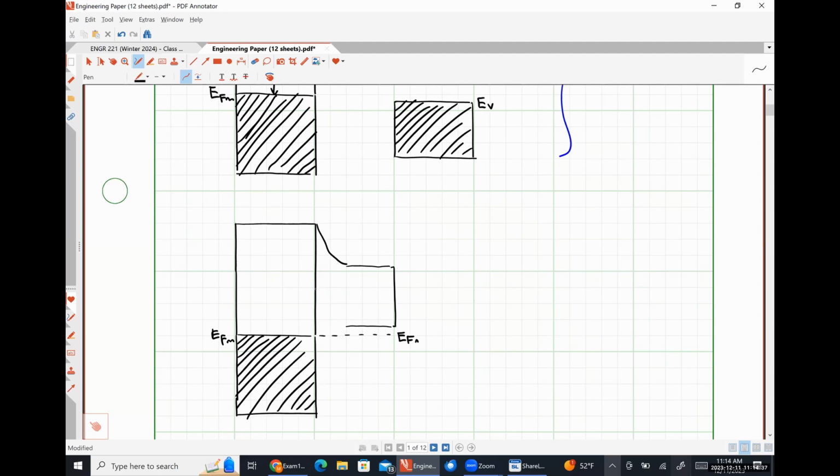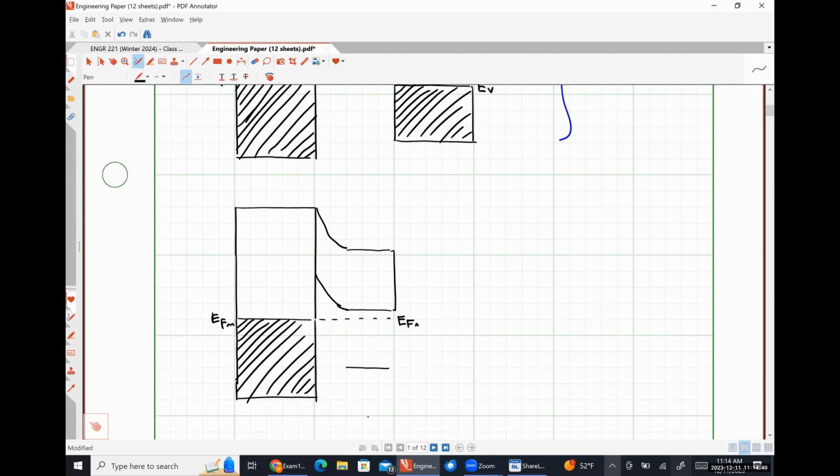Our bands are going to curve to take this into account. And then somewhere down here, something like this. Here's EC, EV.